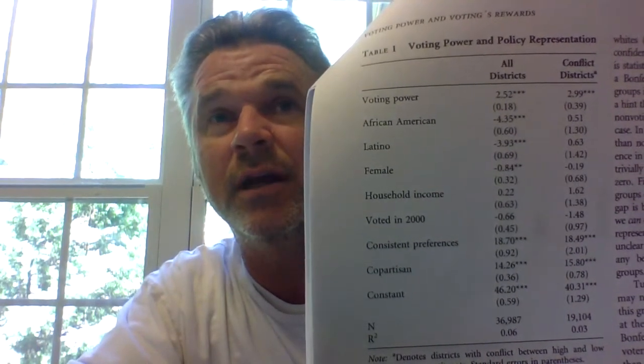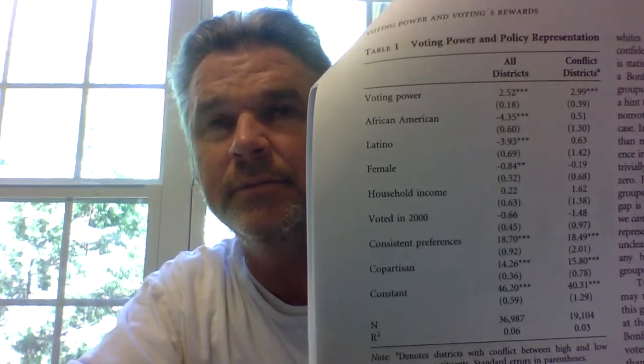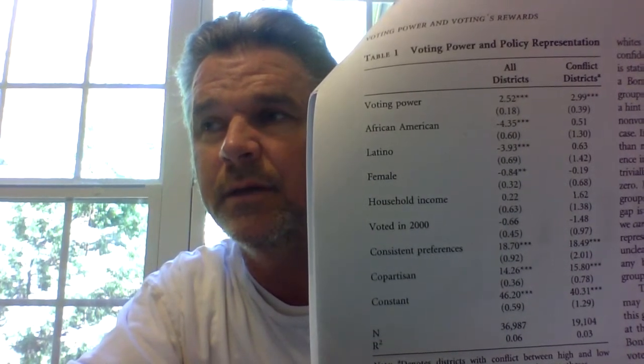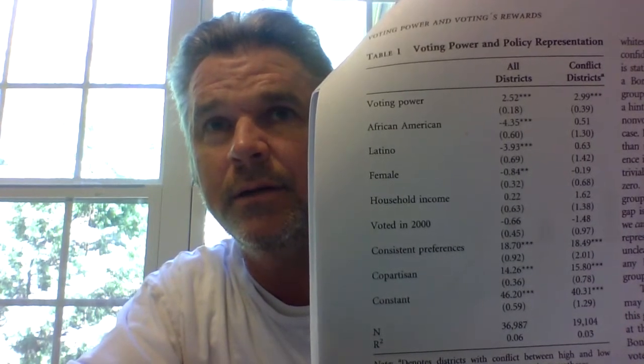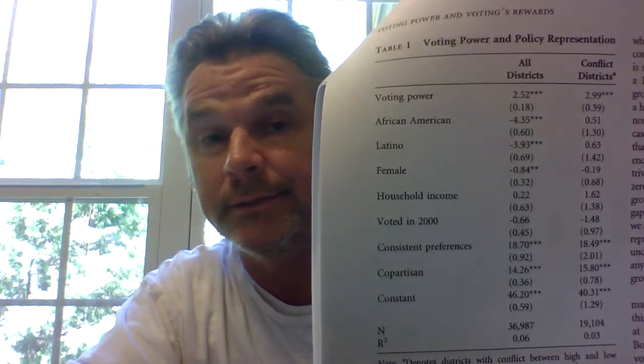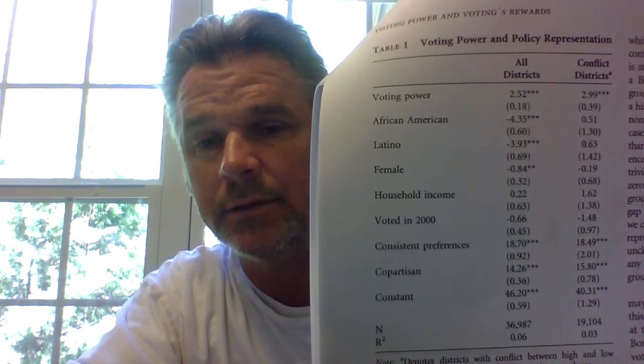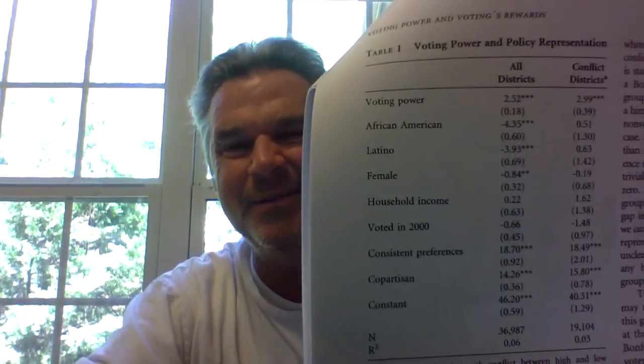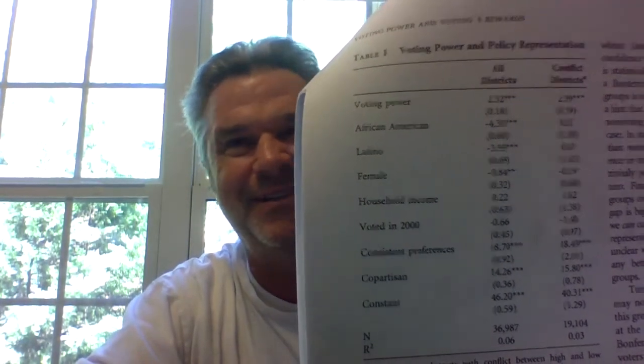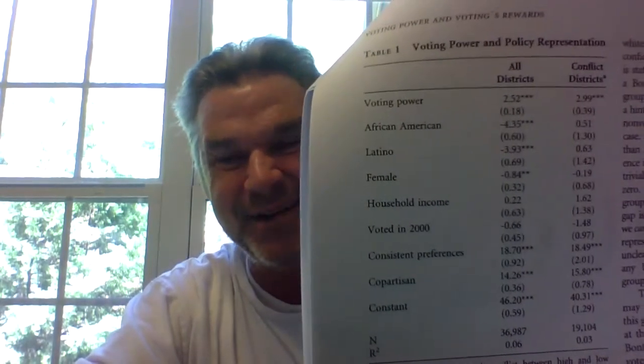But look at the R-squared on that conflict districts one. Yeah, it's really bad too. Now, keep in mind they have a smaller sample size, and so you're going to lose some explanatory power there. But still, that's a really low R-squared. I don't mean to be an R-squared snob, but that's low. So especially in those conflict districts, they're not doing a very good job of predicting policy representation, right?